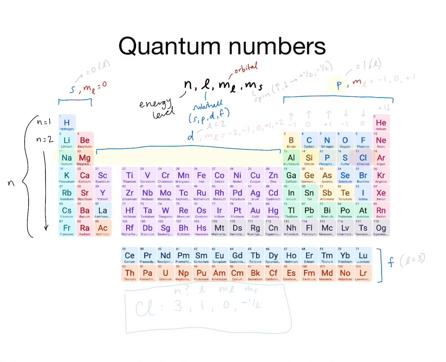So we can have m sub l equals -1, 0, and +1. And for d, m sub l can equal -2, -1, 0, +1, and +2. And we will do an example after to help us determine how we can do this.